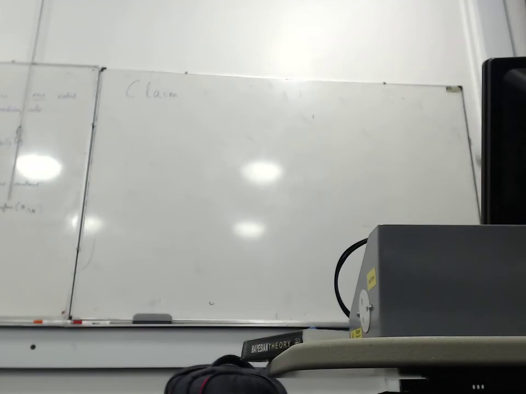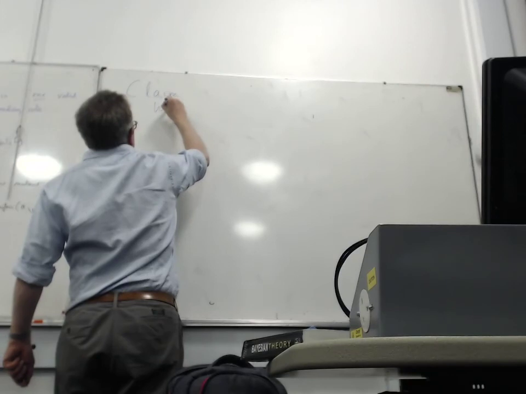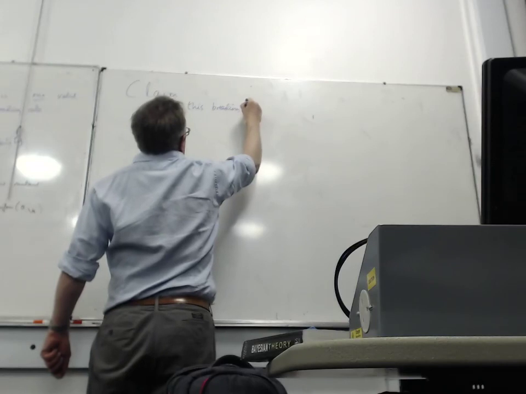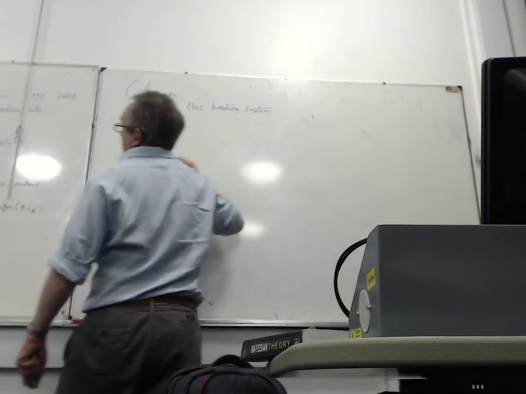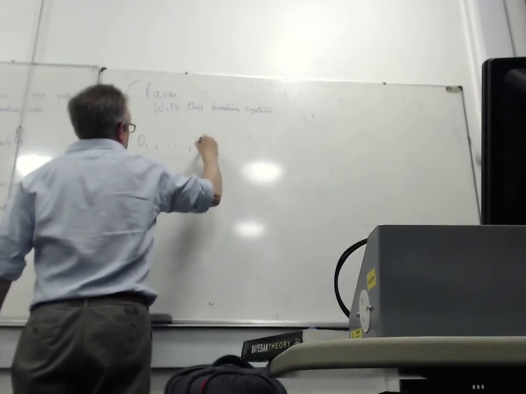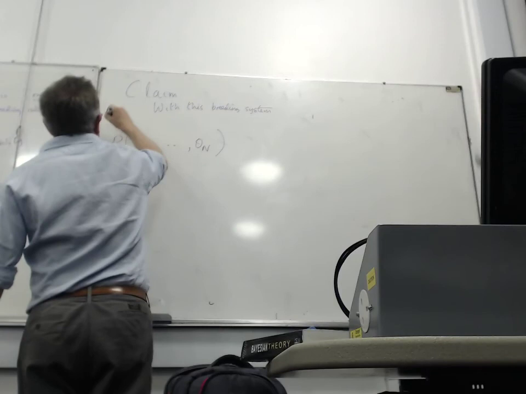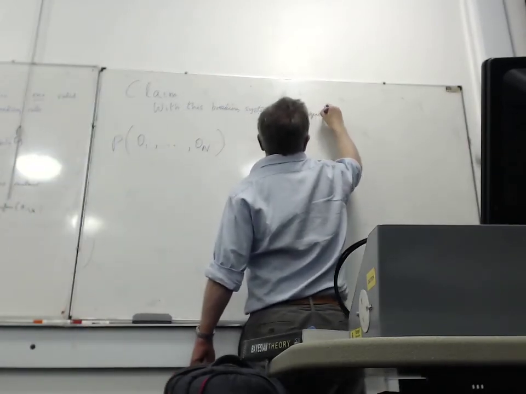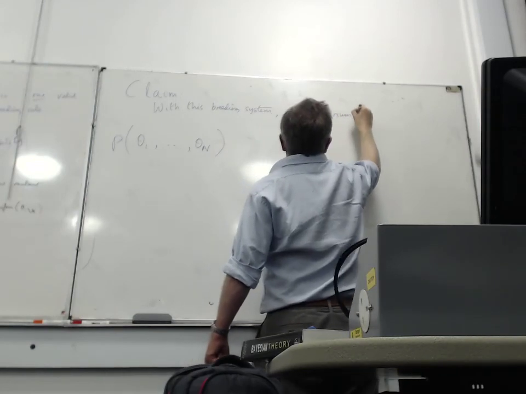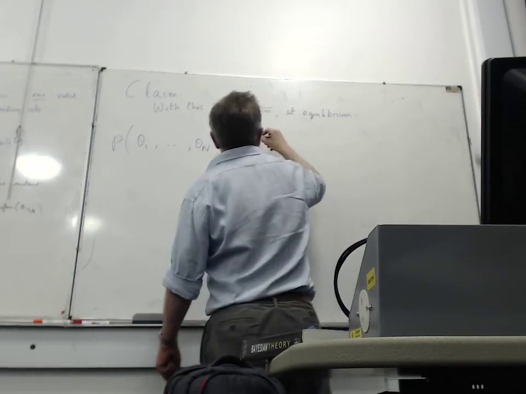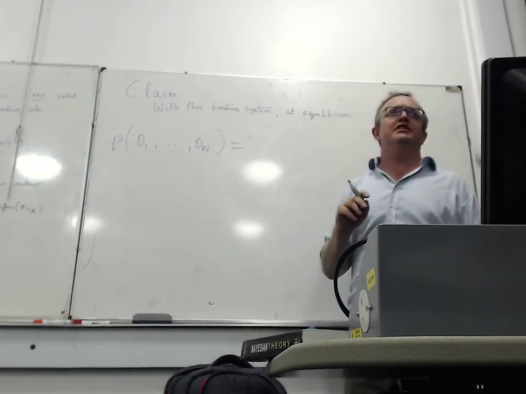Okay. Now I claim with this breeding system that at equilibrium P of theta 1 to theta n equals, if you like, the beta binomial, shall I call it Polya distribution?